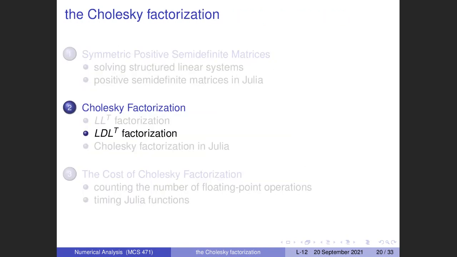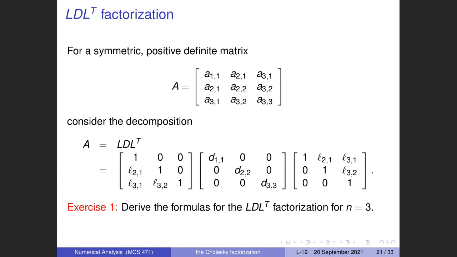All right then, time for some exercises now. For any symmetric positive semidefinite matrix, one can derive the LDL transpose decomposition. If the square root function makes you uncomfortable, you can eliminate the square root.